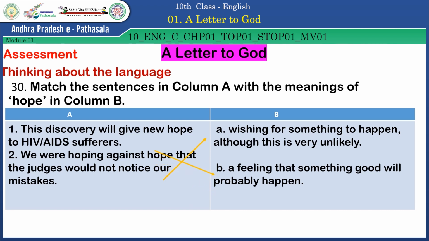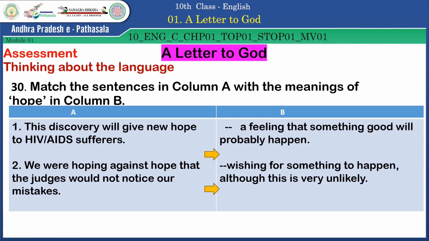The first sentence, this discovery will give new hope to HIV or AIDS sufferers, will go with option B, a feeling that something good will probably happen. The options after matching will look like this. So what's the right matching? 1 with B, 2 with A.